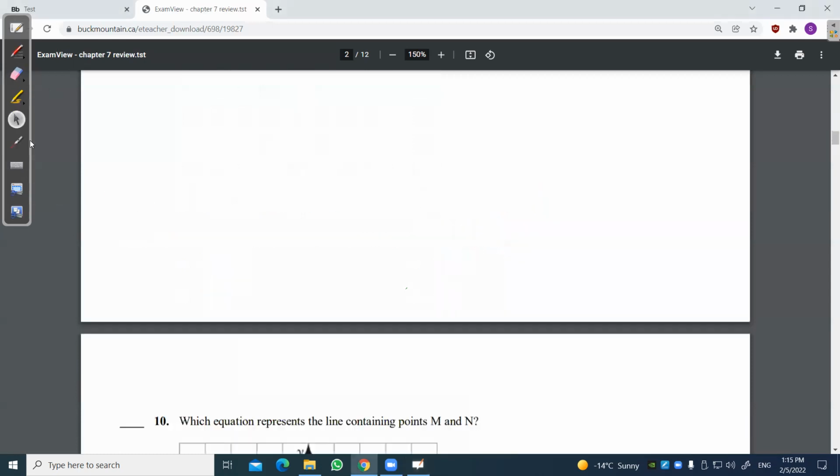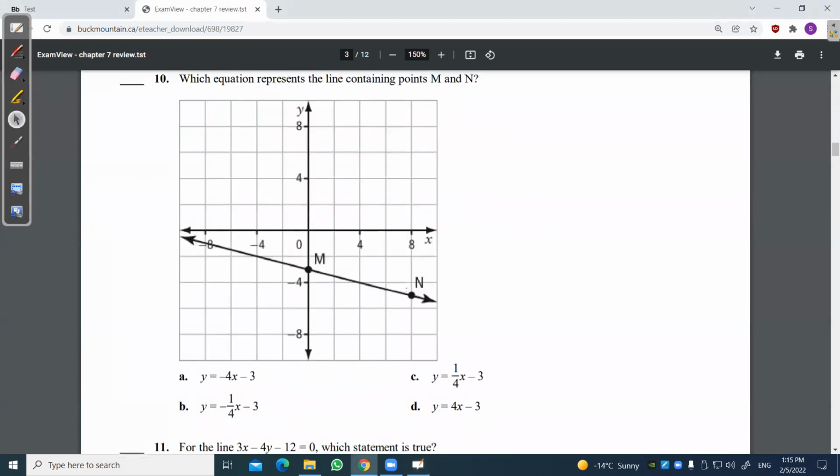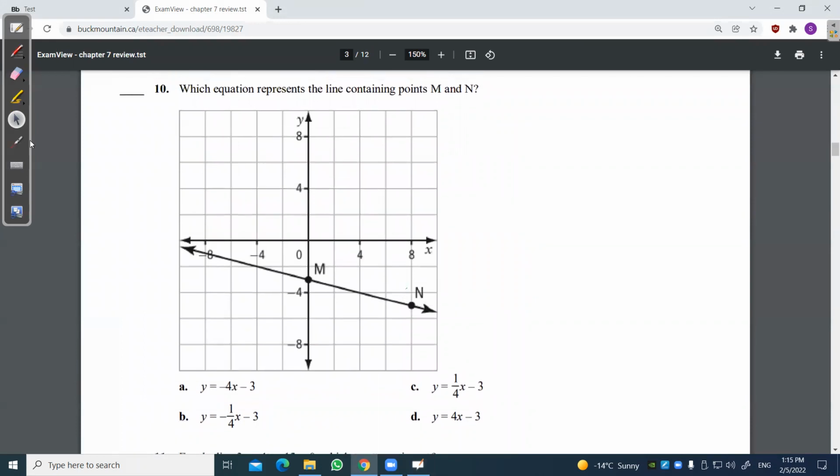Let's move on. All right, here's another one. Which equation represents the line containing m and n? So m is there, n is here. This one could be a little bit dicey. Or is it? What is the point of m? What's the coordinate?